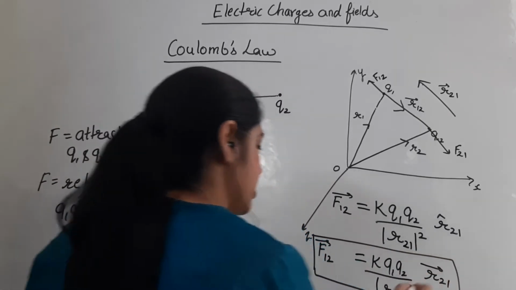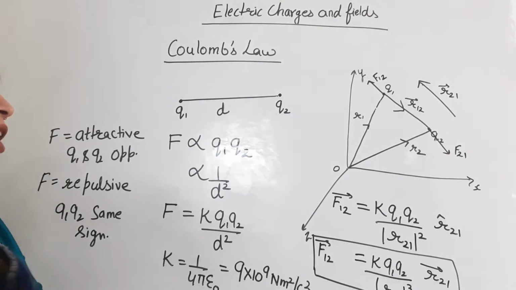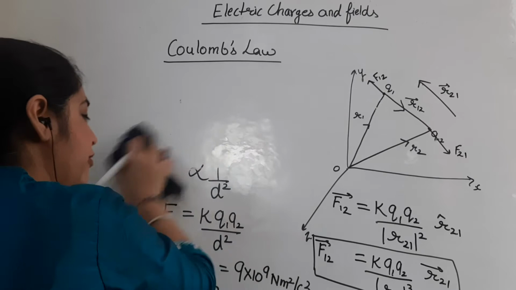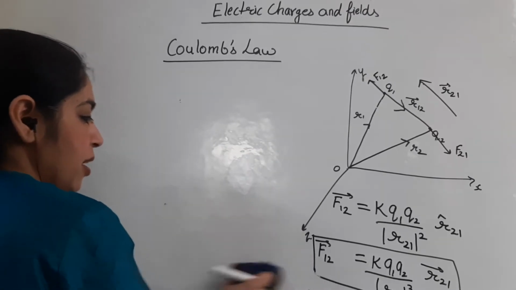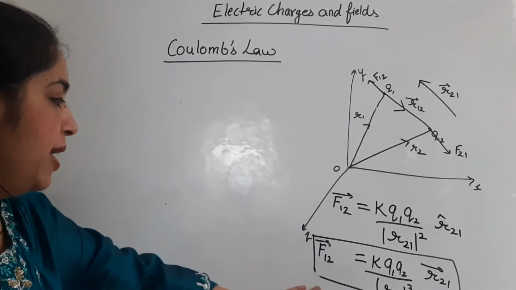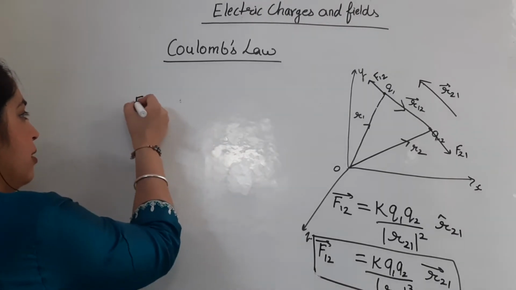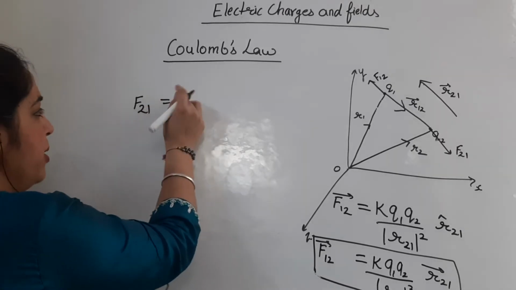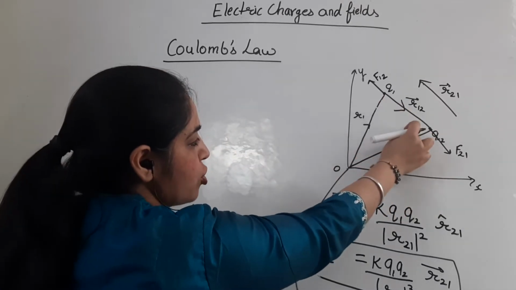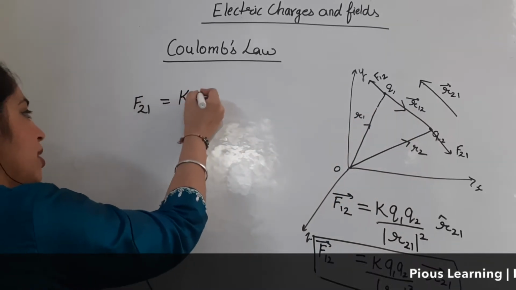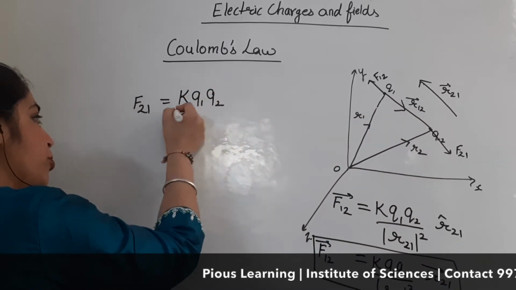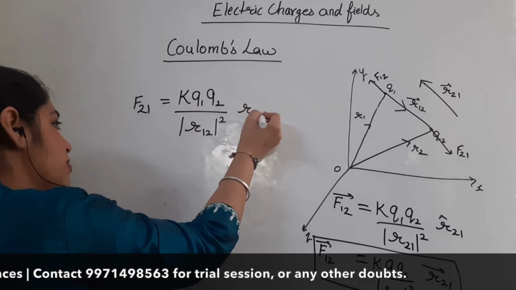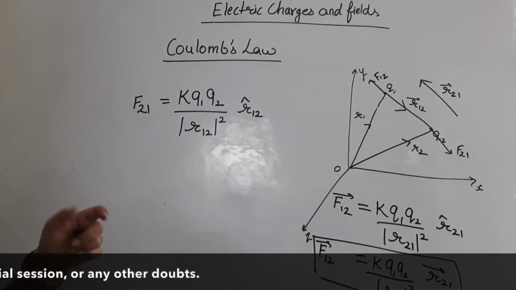Let's keep it here for the time being, and let's now write down F21. Similar lines, let's begin with F21. What is F21? F21 will be in the direction of R12. So K Q1 Q2 upon magnitude of R12 square with a unit vector along R12.